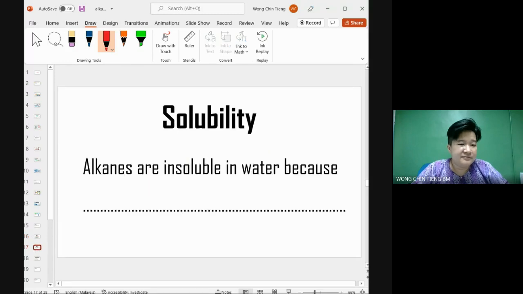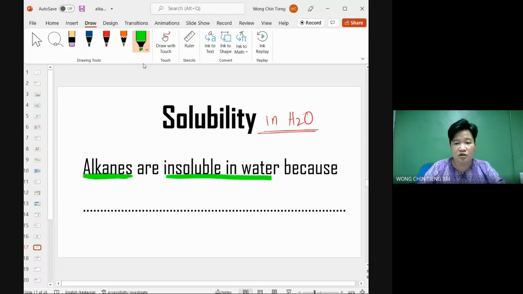And solubility in alkane can be concluded in one slide only. Sangat senang. The solubility normally we are talking about in water. Most of the time the solubility that we discuss adalah solubility in water, and alkane are insoluble in water. All alkanes are insoluble in water.